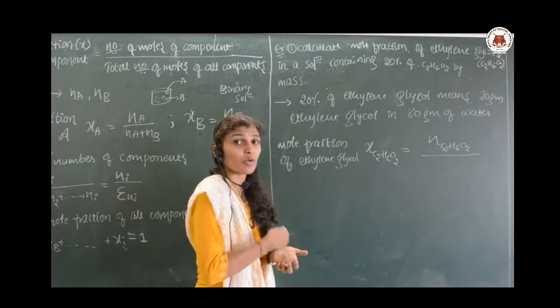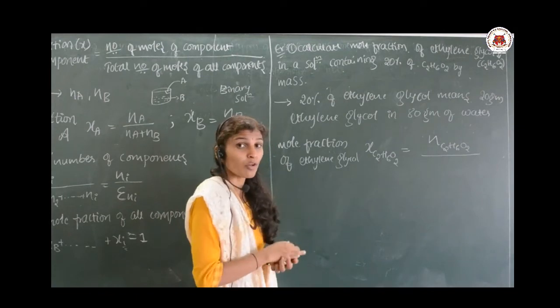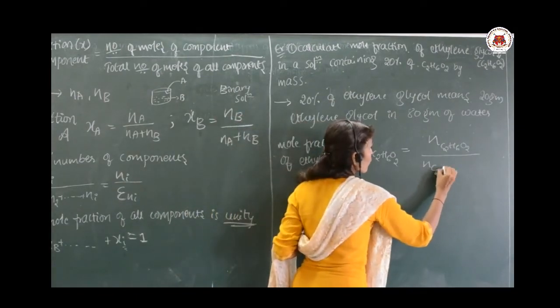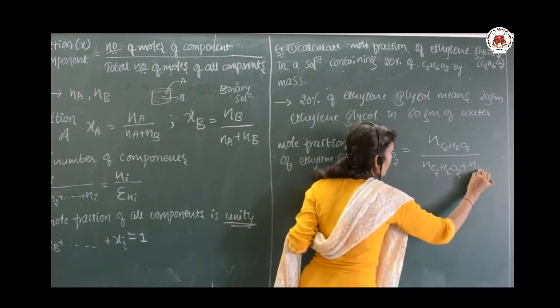Which are the total components? One component is ethylene glycol itself, one more component is water. So here I will take the solution, they are telling, it is prepared in the water itself.